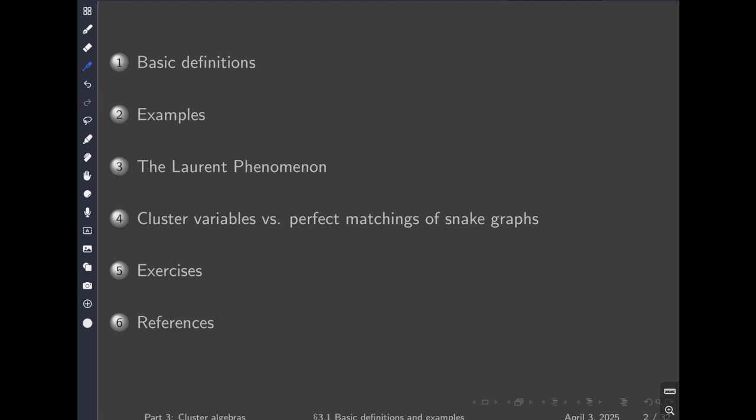And then when one considers the whole process, after all possible finite sequences of mutations, one obtains a certain set of rational functions, and one calls those functions that one obtained throughout the whole process cluster variables.